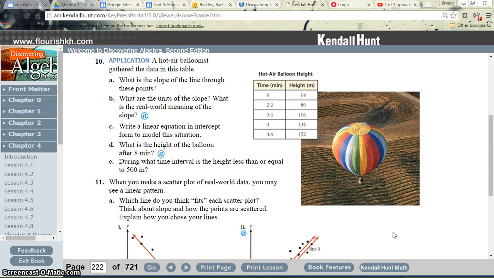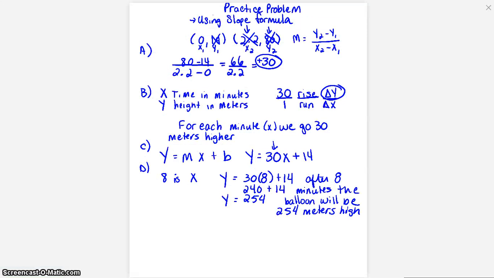Okay? Is there an E? One more. During what time interval is the height less than or equal to 500 meters? So we know at 0 it's less than 500 meters. So let's figure out when it will reach 500 meters. So this time we have to solve for X. Last time we had X, we needed to solve for Y. So easy enough.